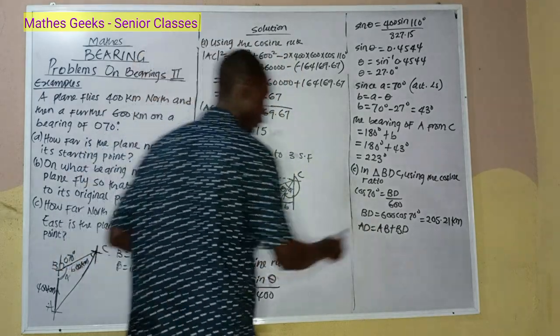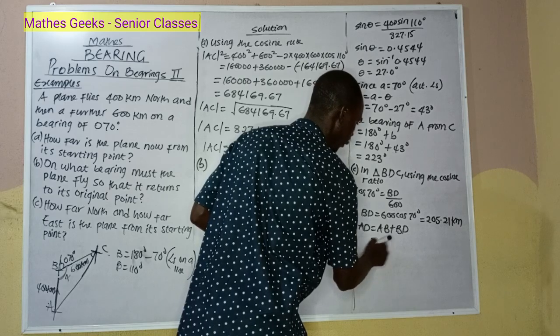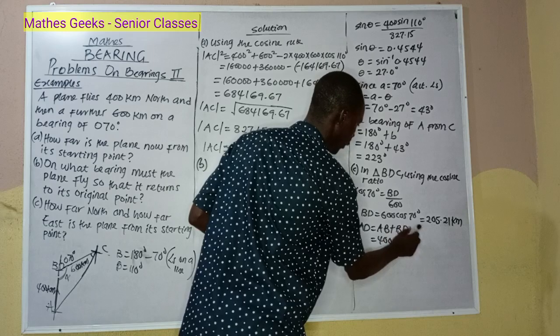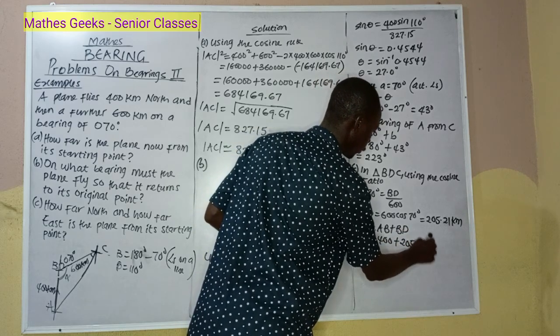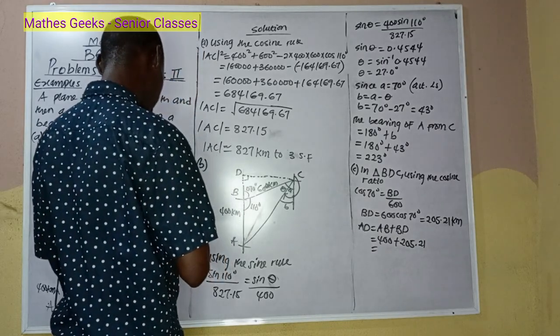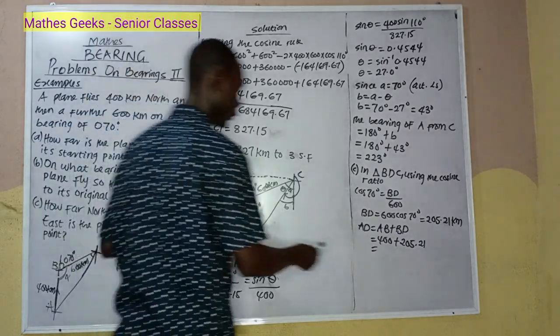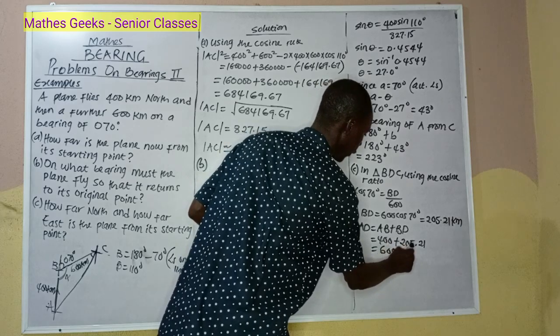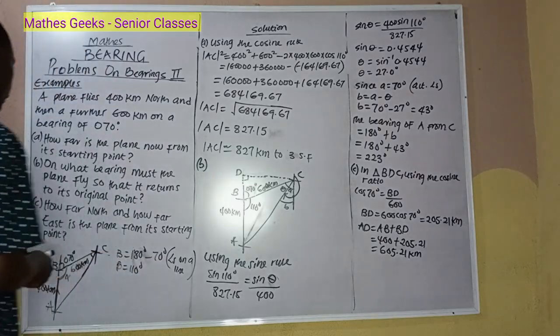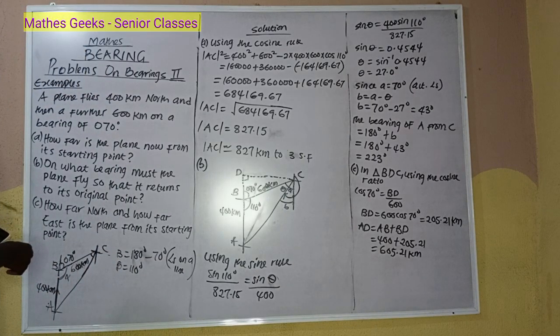AB is 400 plus BD 205.21, which gives 605.21 kilometers. That's the distance of the plane northward.